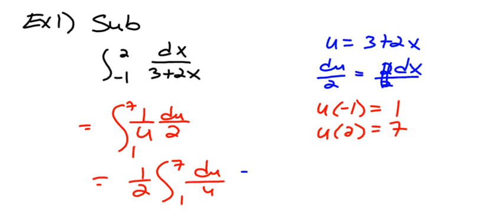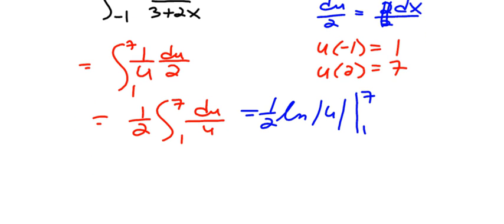This is then where I take the antiderivative and I get ln of u, and we're evaluating it from 1 to 7. And I forgot my 1/2 in front. There we go. Then I have to evaluate this, plugging in 7, and then technically it's going to be minus ln of 1.